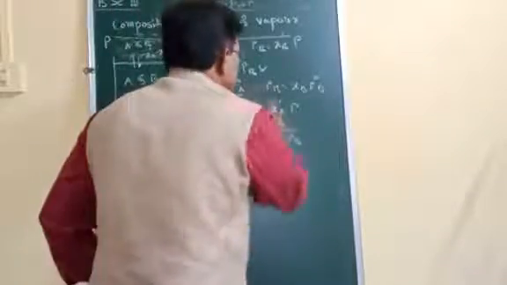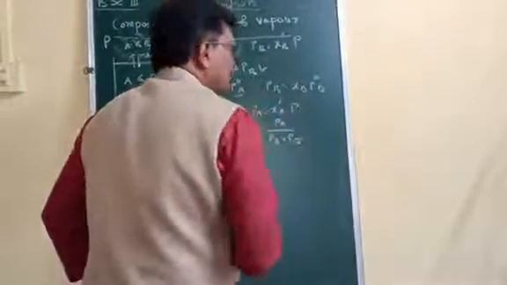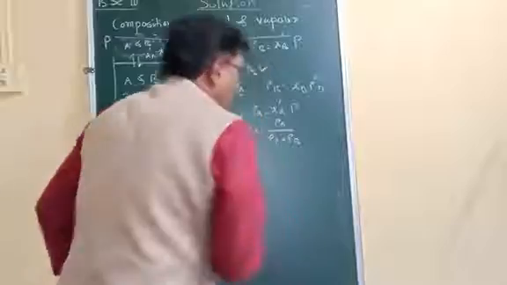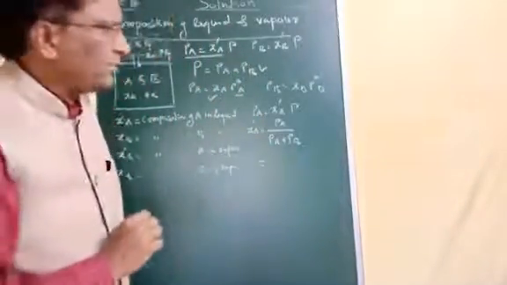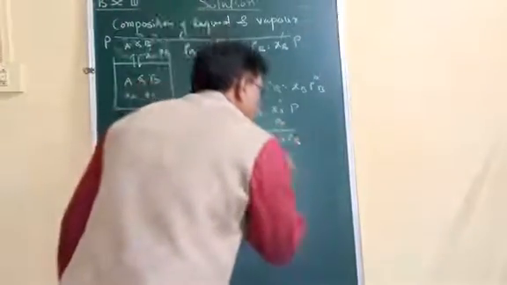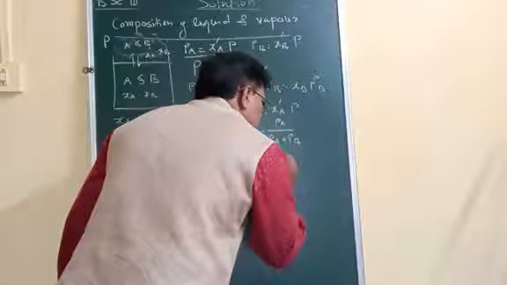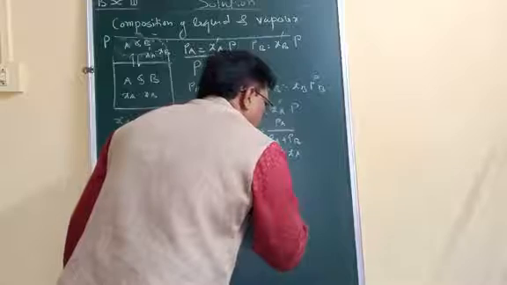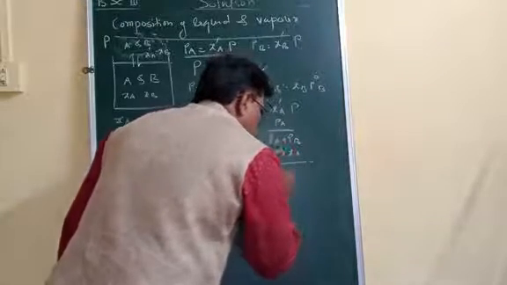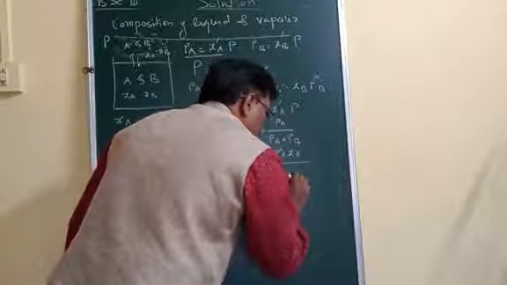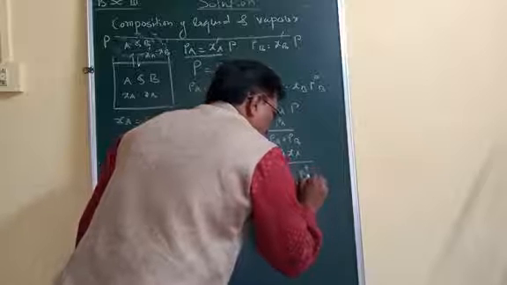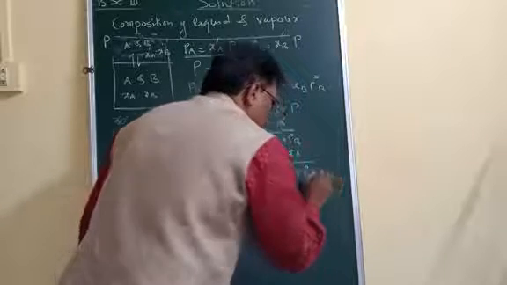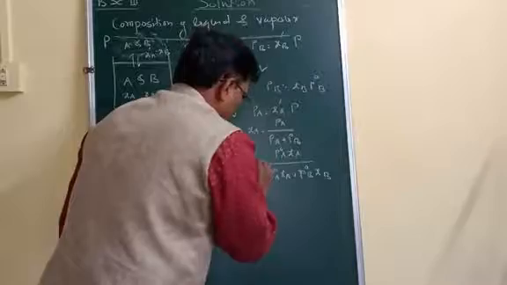And from this equation, concerning the composition of the liquid phase, we can write PA is equal to P0A XA, so X dash A is equal to P0A XA upon P0A XA plus P0B XB.